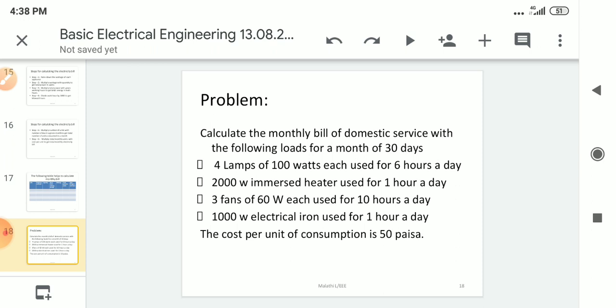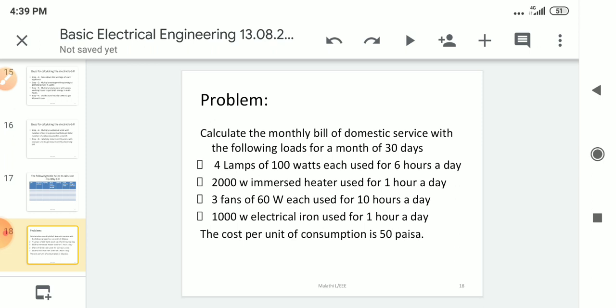The next point is a 2000 watt immersion heater used for 1 hour a day. 3 fans of 60 watts, each used for 10 hours a day. A 1000 watt electrical iron used for 1 hour a day. The cost per unit of consumption is 50 paisa.